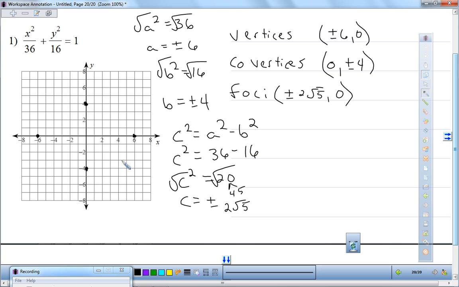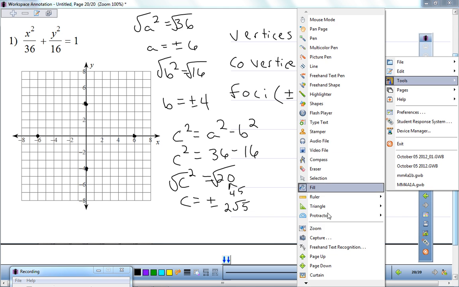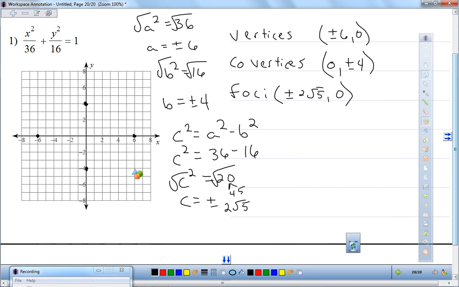Now we could just draw it in, but hopefully to make it a little bit cleaner, I'm going to go to Tools and Shapes, and see if I can get this to come out right. And that right there is the graph of our ellipse.